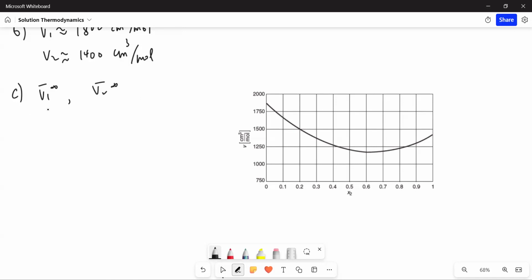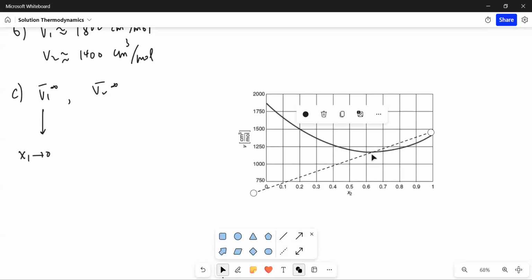When we say infinite dilution, x1 for species 1 approaches 0. Just like our step for letter A, we need to draw a tangent line at 0.